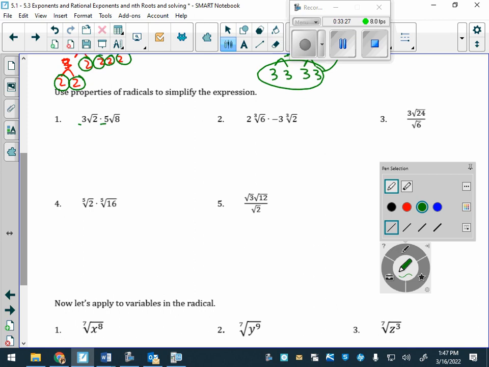So we have 3 times 5, which is 15, and then 2 times 8. However, what's the square root of 16? 4. Okay.